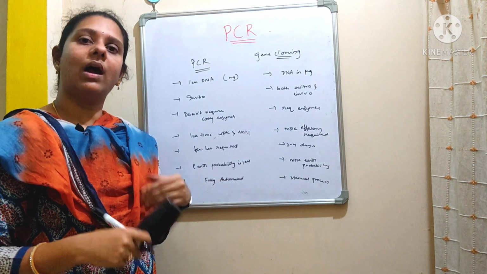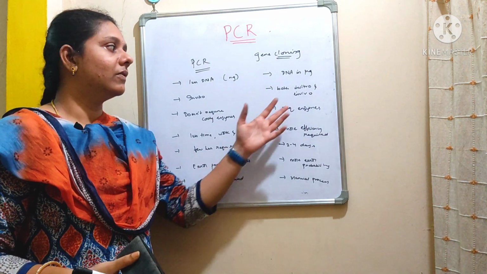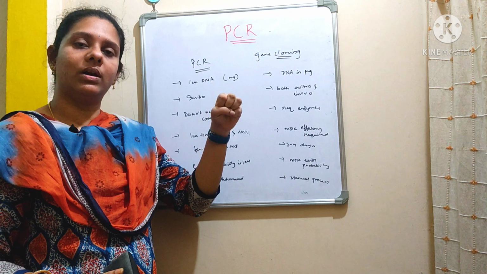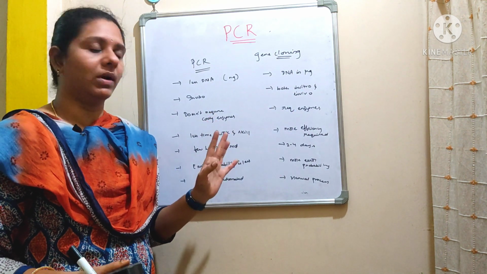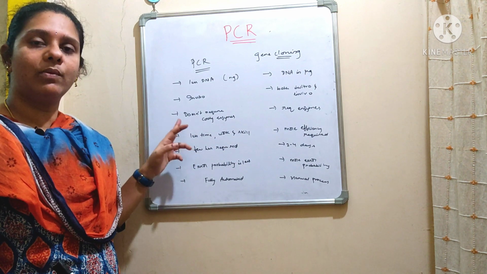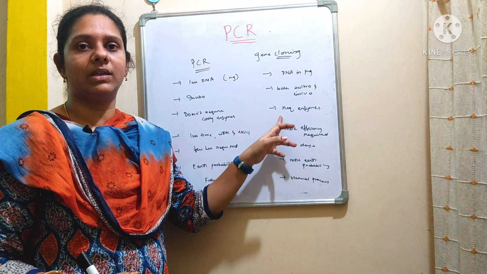In vitro means outside the living organism, in a test tube or a petri plate. When it is performed in a living organism, we call it in vivo. Next important point: PCR doesn't require any expensive enzymes, but gene cloning does.